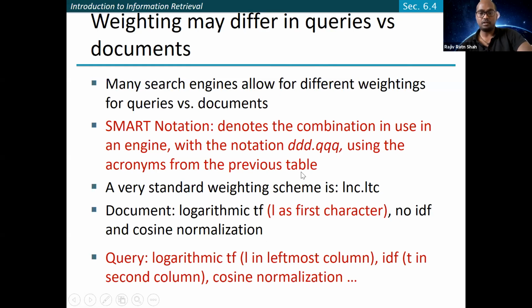So LNC stands for logarithmic TF, no IDF, and cosine normalization. For the query, it is logarithmic TF, IDF, and C is again cosine normalization. In this way you can have different schemes for the query and the document, and you can compute the values.